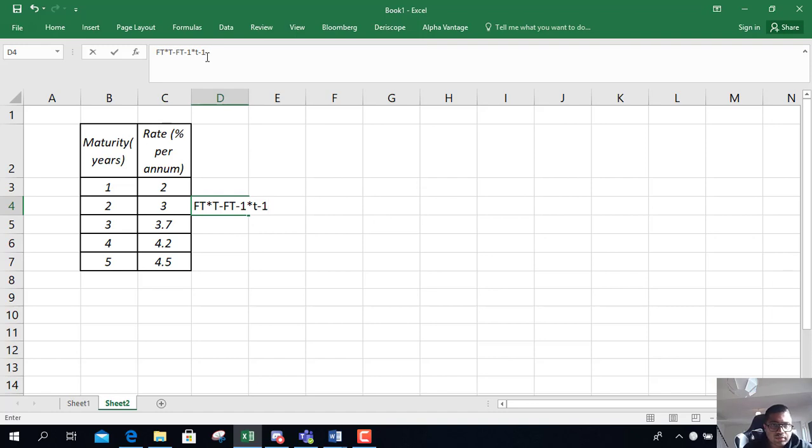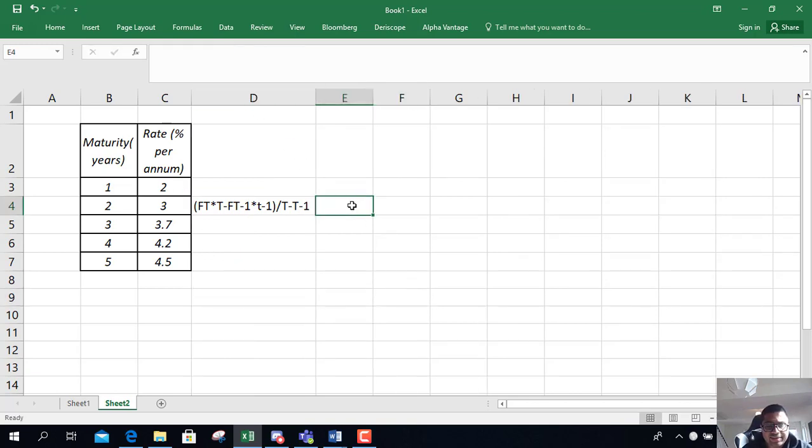This is in the numerator. I'll explain how to do it, don't worry. Divided by t minus (t minus 1). Okay, so it feels daunting, but it's very easy.